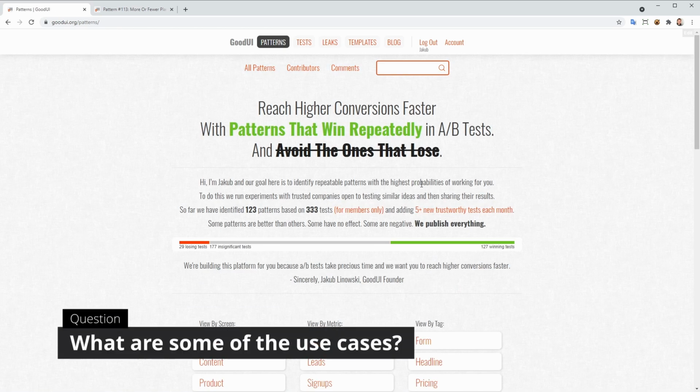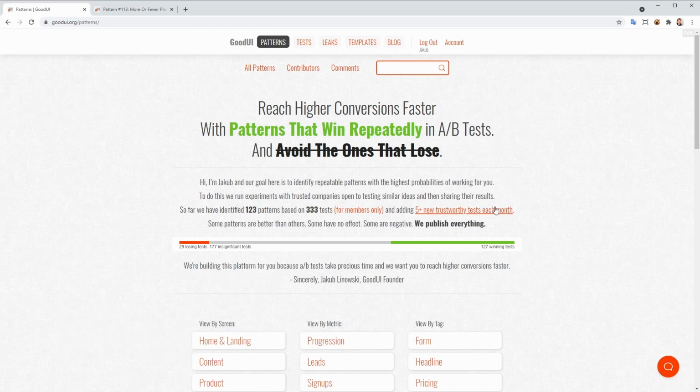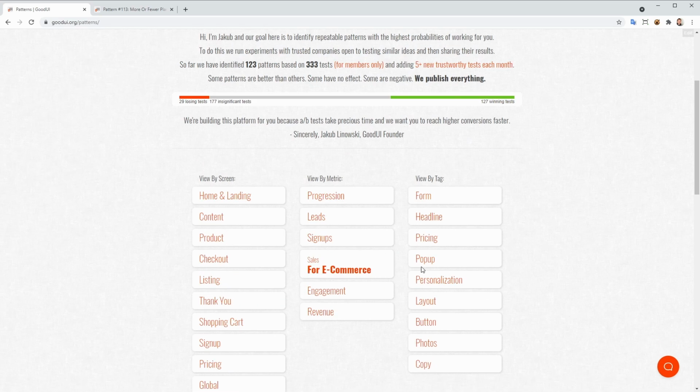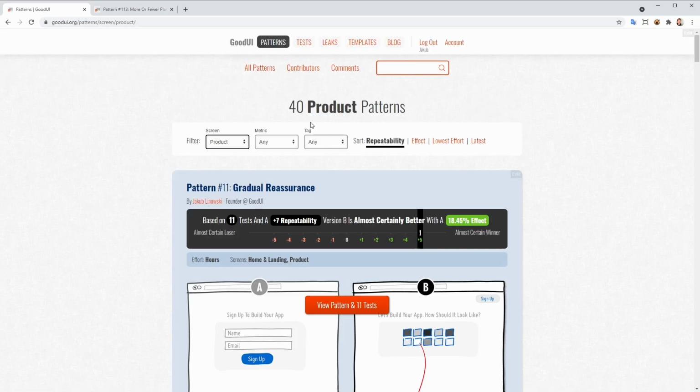Another thing that people ask is about use cases. So, given that there's all this information here, how do we use this? And one common answer is for optimizing, for anytime we want to improve, I don't know, a homepage or landing page or product page, I might open up these categories and see a list of particular patterns that were tested on product pages.